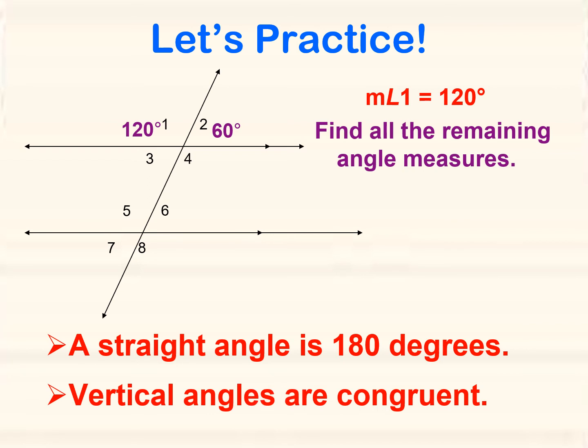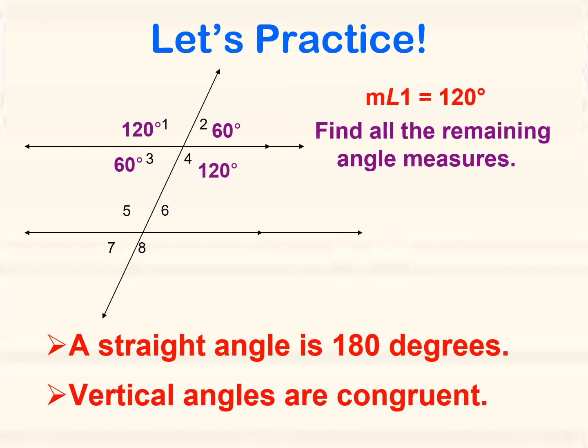And to get angle 3, vertical angles are congruent. Angle 2 and angle 3 are vertical angles, so angle 3 is 60 degrees. And to get angle 4, angle 1 and angle 4 are vertical angles, so angle 4 is equal to 120 degrees. And now we can use our idea of alternate interior angles.